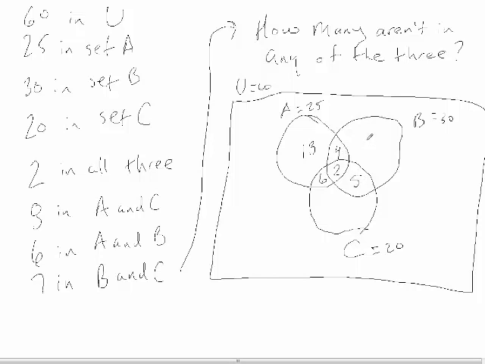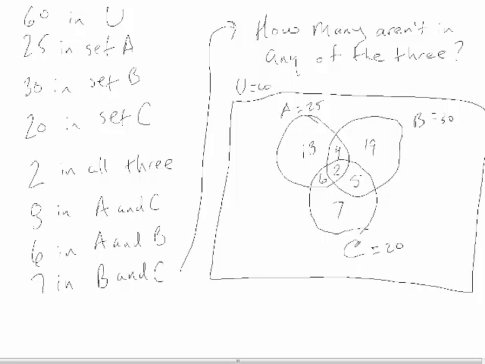So that gives us 19. So 4 plus 2 plus 5 is 11. 11 plus 19 equals 30. And then down here for C, elements that are only in C, so 6 plus 2 plus 5 plus this must equal 20. And so that's 7. So 7 plus 6 plus 2 plus 5 equals 20.